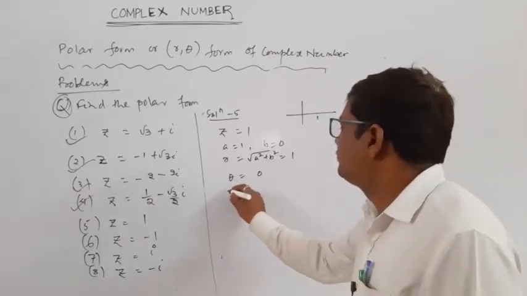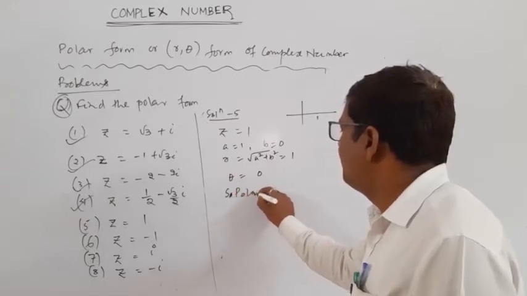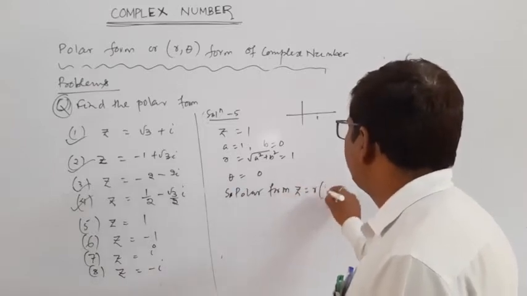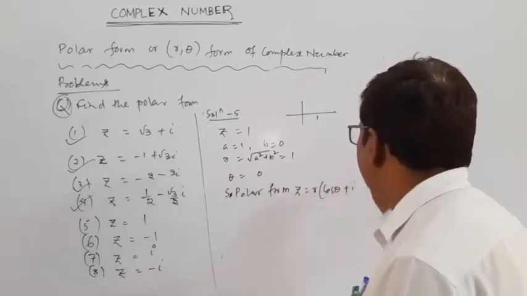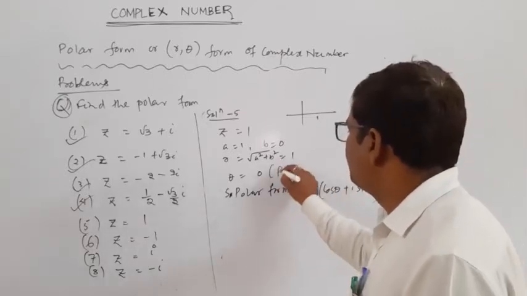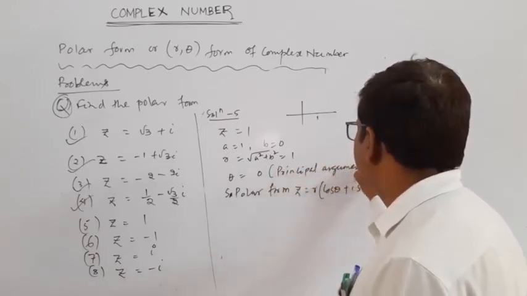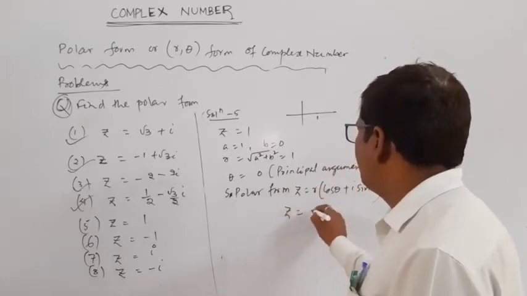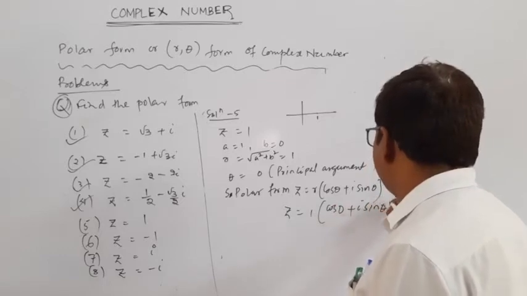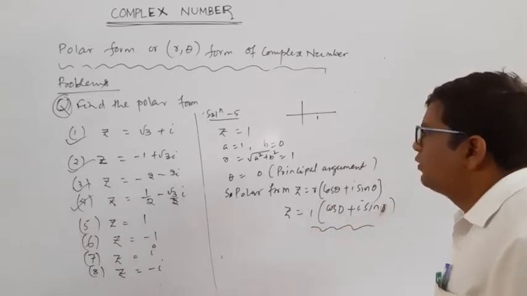So the polar form z is equal to r into cos theta plus i sin theta, where theta is the principal argument. So z is equal to 1 into cos 0 plus i into sin 0. This is the polar form for question number 5.